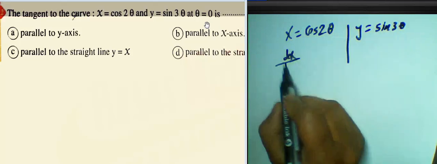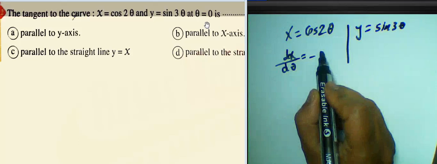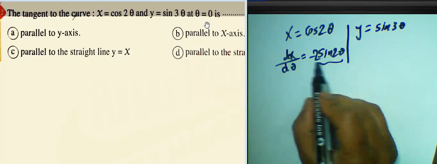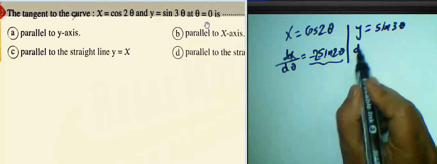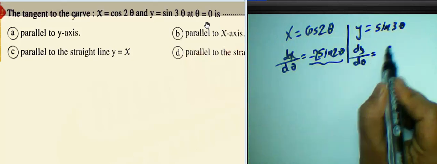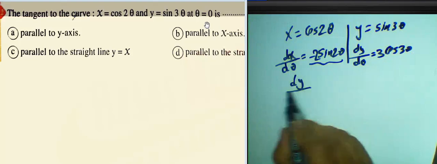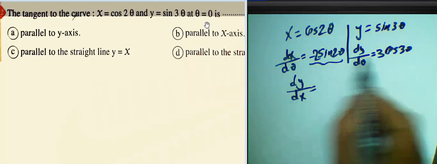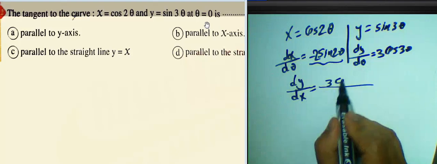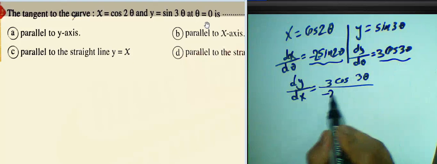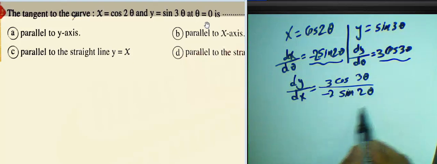Then dx by d theta equals negative sine 2 theta times 2, the result will be negative 2 sine 2 theta. And dy by d theta equals cosine 3 theta times 3. Then dy by dx will be 3 cosine 3 theta over negative 2 sine 2 theta.